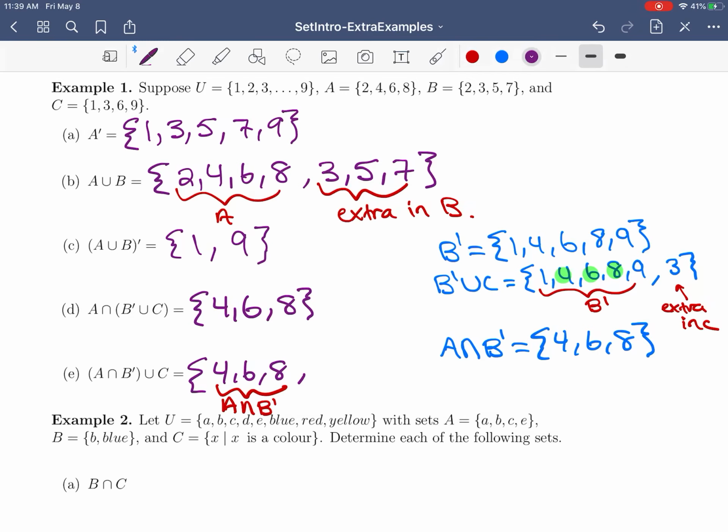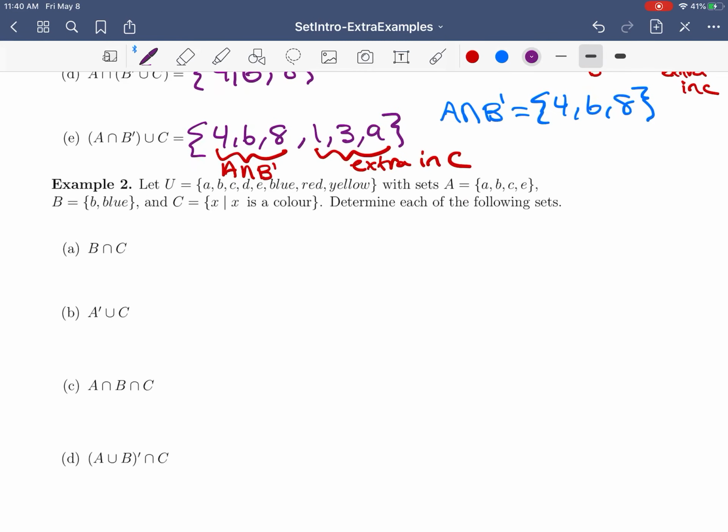Well, it definitely does. It has a 1 and a 3 and a 9 extra. So the only thing we already had was the 6. So notice that they are different. So the order that you do these things really matters. So they should always have brackets present so you know which order to do them.